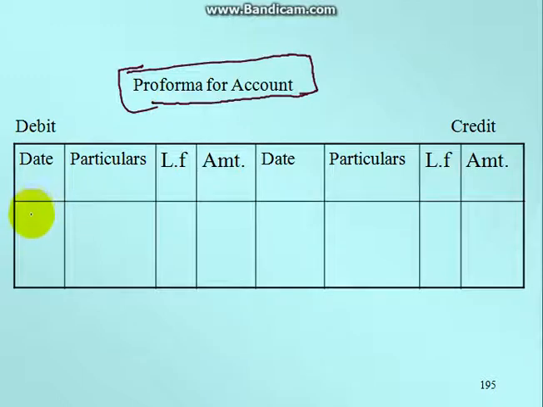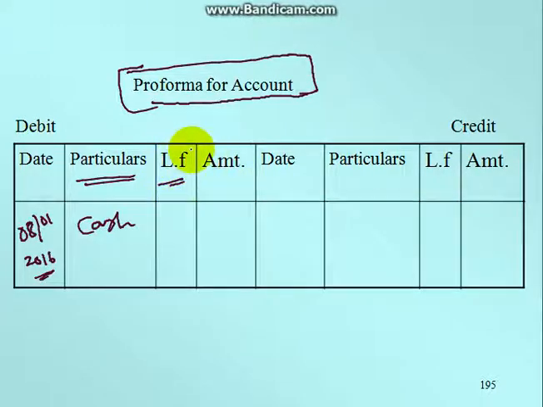Here you have to write the date, say for example 8/1/2016. What is the particulars you have to mention? Say for example cash. Here is LF.